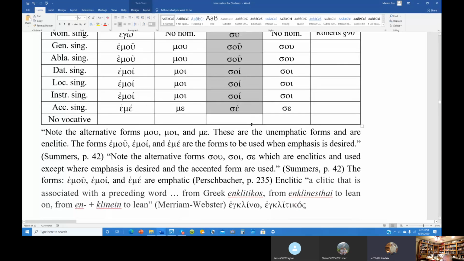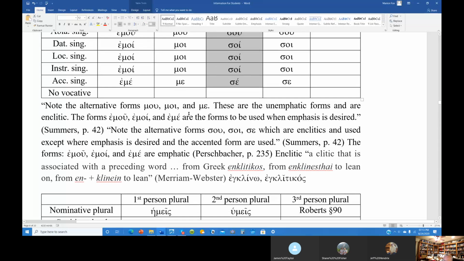And here are the sources documenting what I've said. We can go to other books and get this, but Summers, in his elementary grammar book, page 42, tells us this. And then Perschbacher tells us this on page 235. And I went into Merriam-Webster and looked up the word enclitic. It means to lean toward.